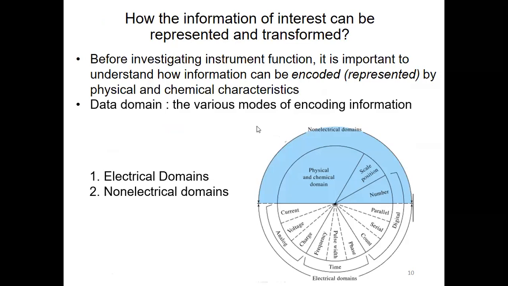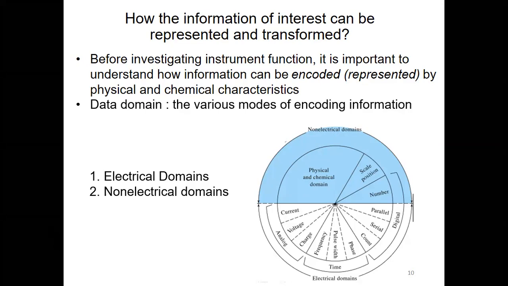Electrical domain. Fluorescence intensity. When it says fluorescence intensity, it is a physical property, right? So it goes under the physical or chemical characteristic of the signal. Therefore, we can categorize that under the non-electrical domain, because the initial physical or chemical characteristics of the analyte are categorized under non-electrical domain.